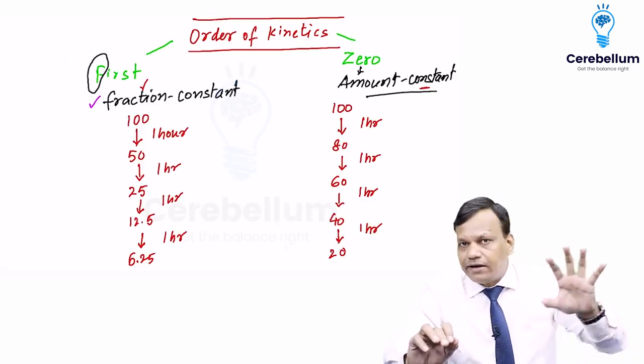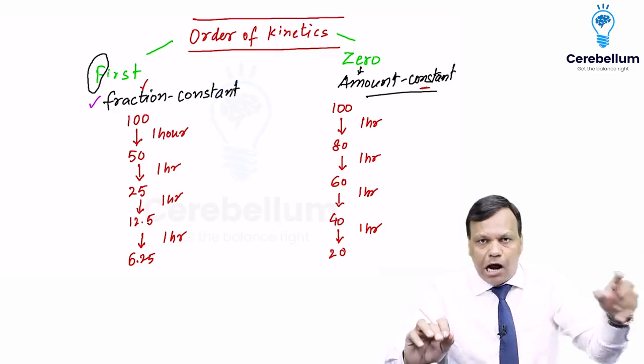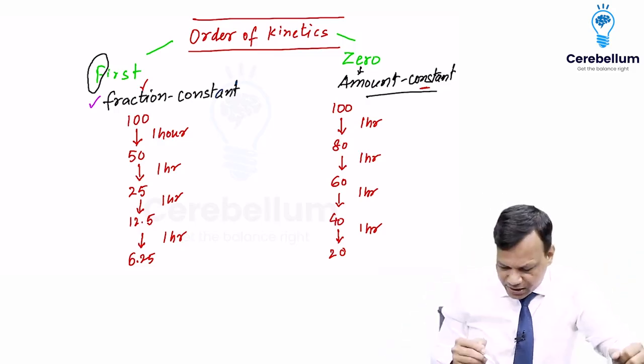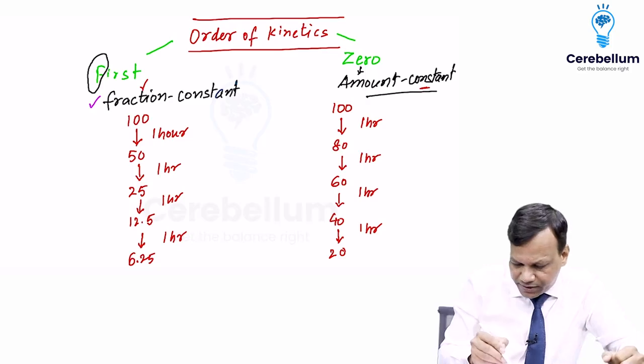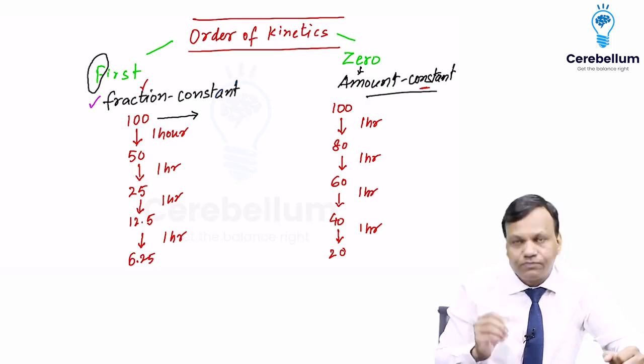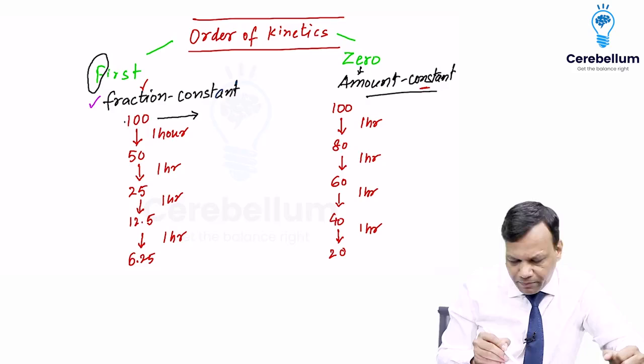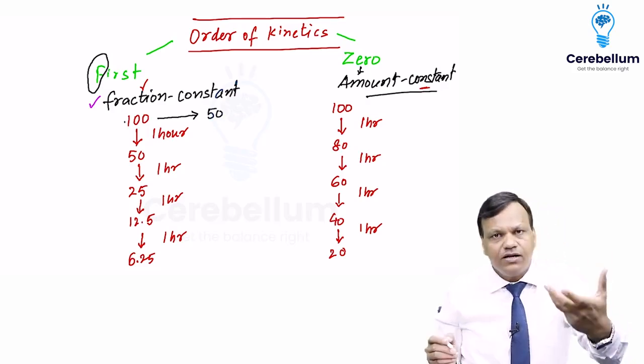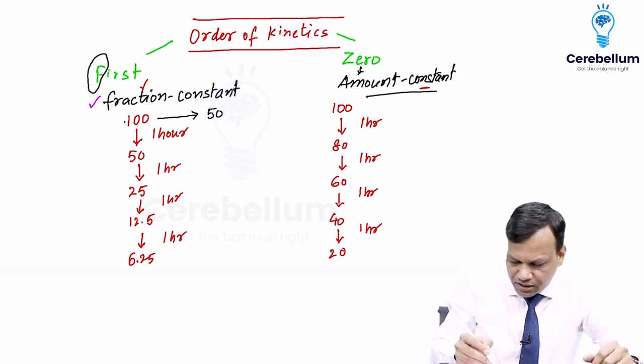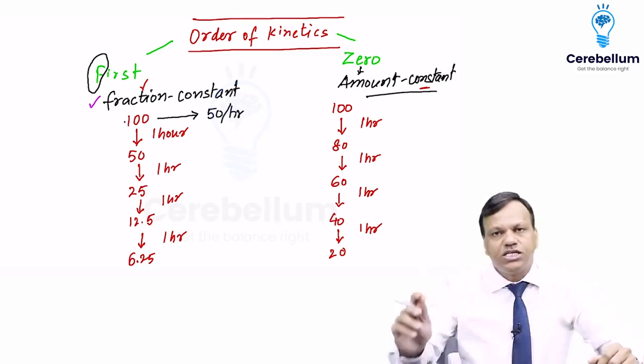How much drug is eliminated divided by how much time it takes. At this point, how much drug is eliminated? 100 minus 50, so 50 is eliminated. How much time does it take? 1 hour. We have intentionally taken 1 hour, so we need not divide. So rate of elimination is 50 per hour.